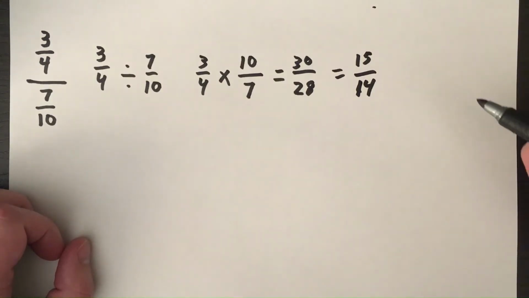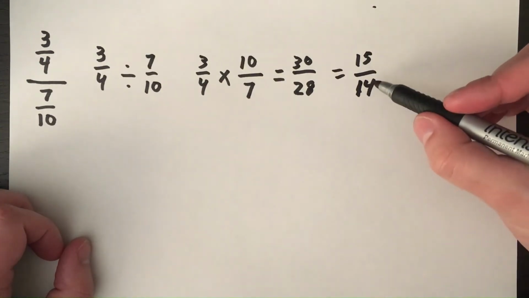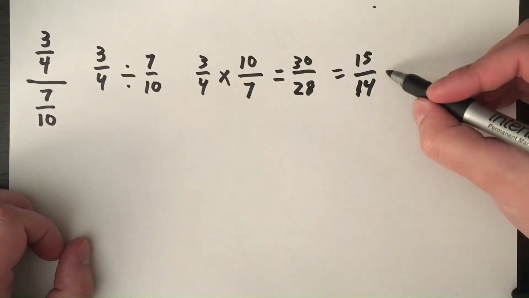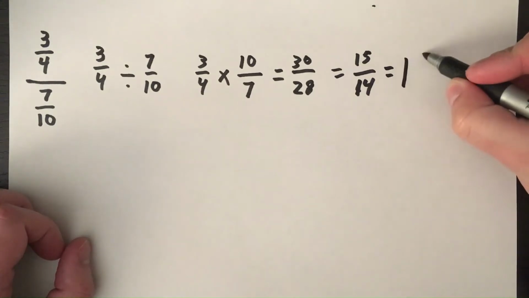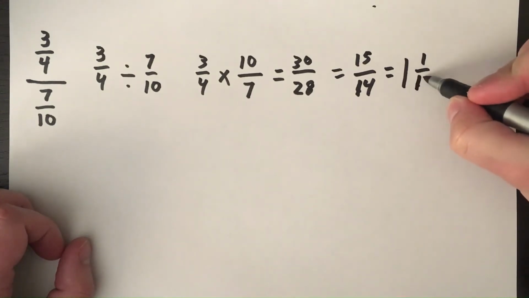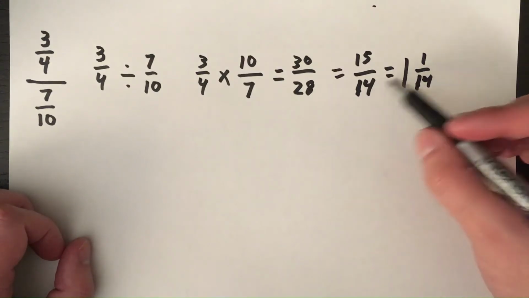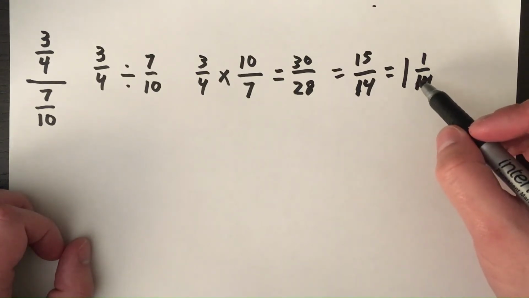Now this is an improper fraction. If your teacher wants you to convert it to a mixed number, then it would simply become 1 1/14. So either one of these two answers, they're both the same thing, is what your final answer will be.